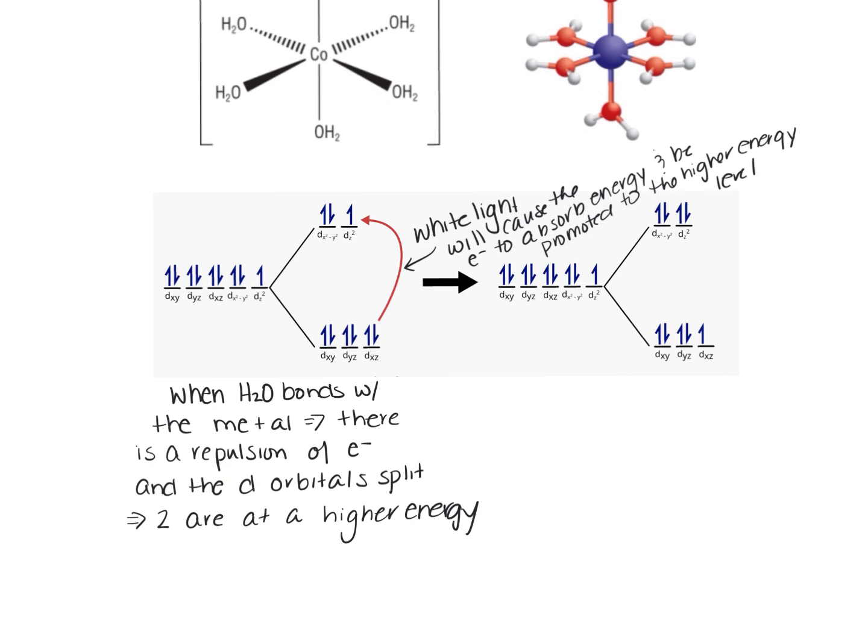And that allows us to see color. Now, why do we see different colors with different metals? Well, the size of the gap between the 2 energy levels determines the wavelength of light that's absorbed and the color that we see.